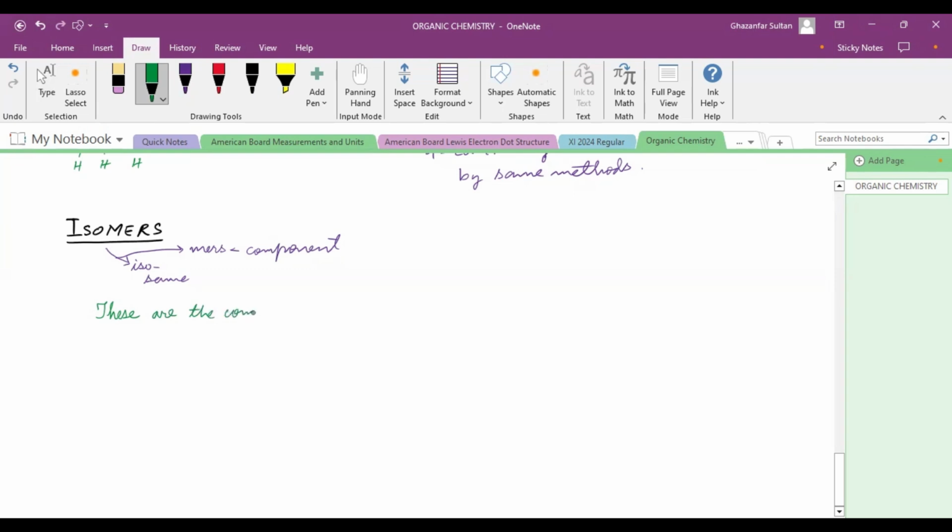These are the compounds having the same molecular formula but different structures.